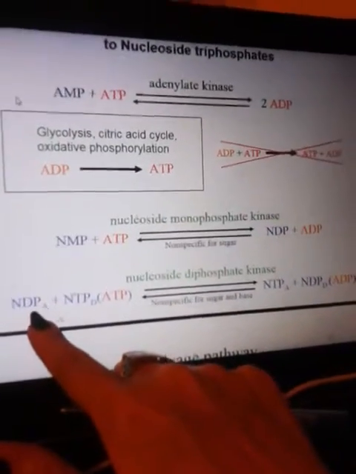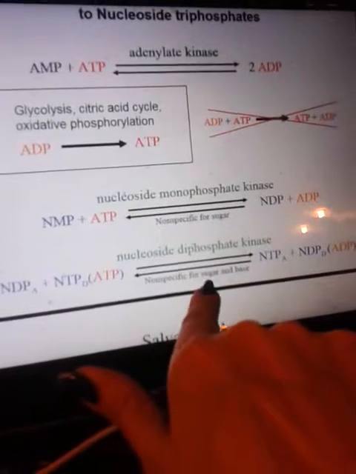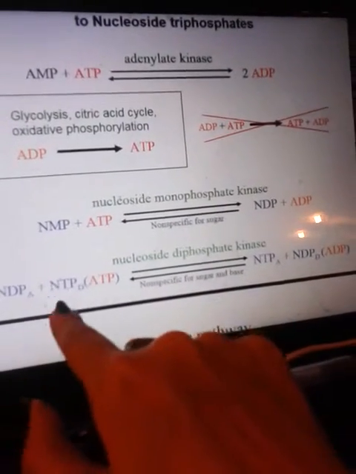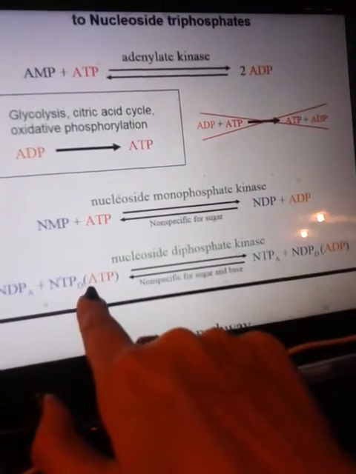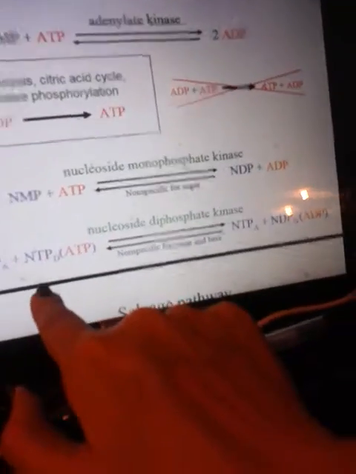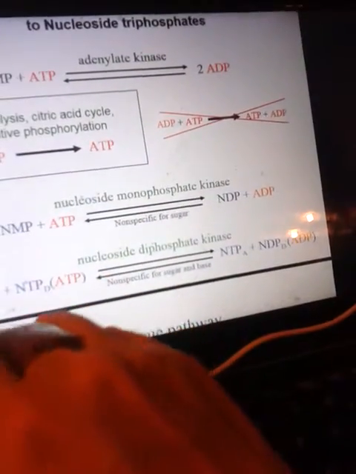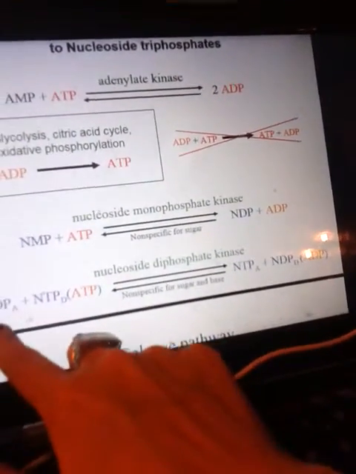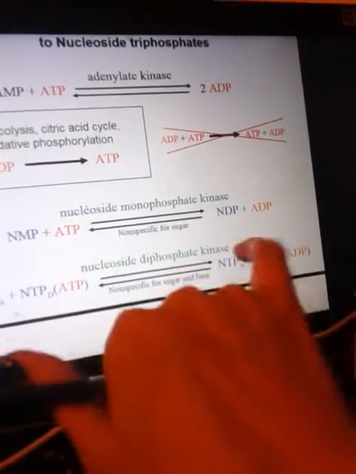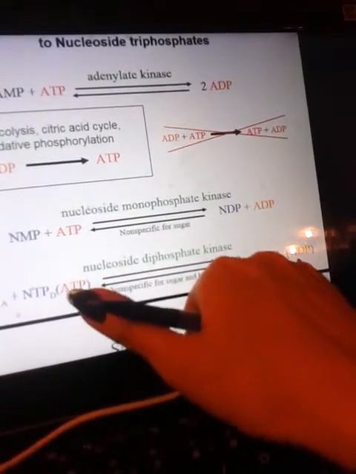Now, nucleoside diphosphate, non-specific for sugar and base, plus another nucleoside triphosphate, it could be adenosine, guanosine, anything, can produce two times D, or D and tri.